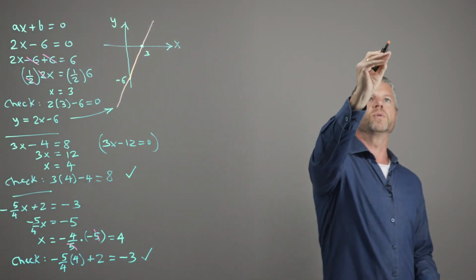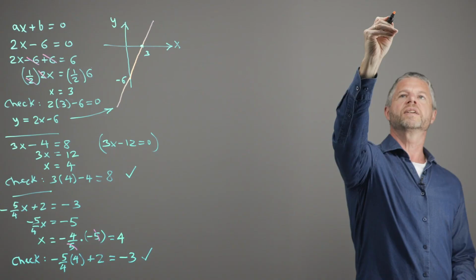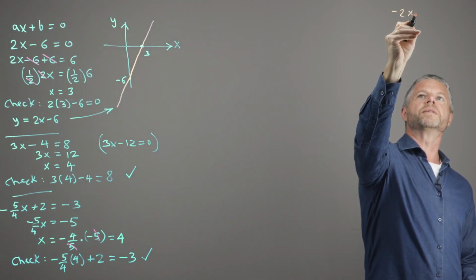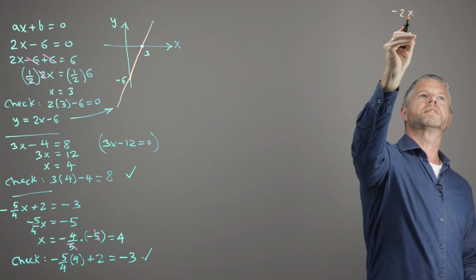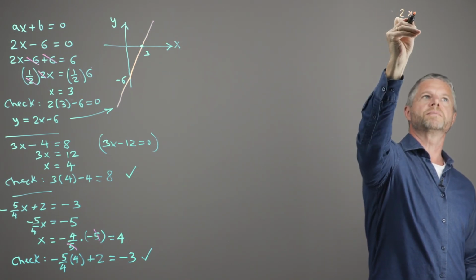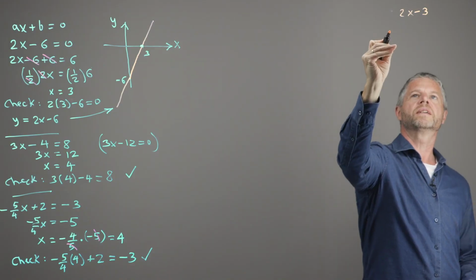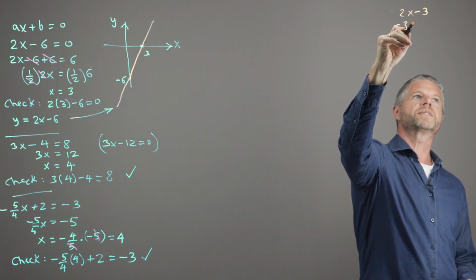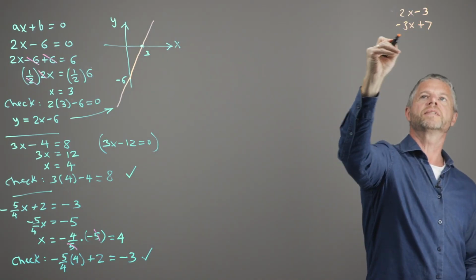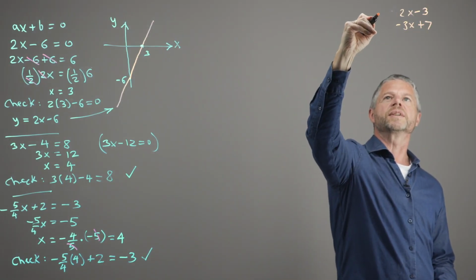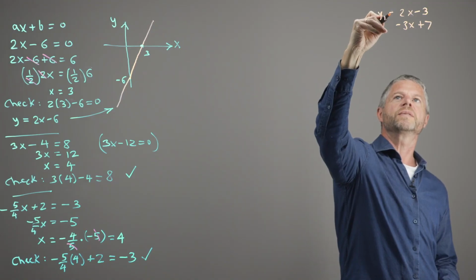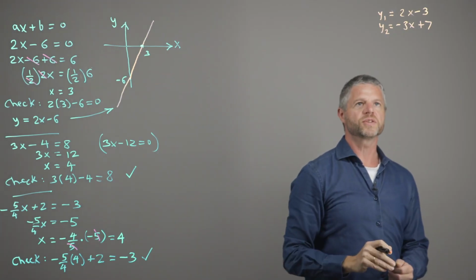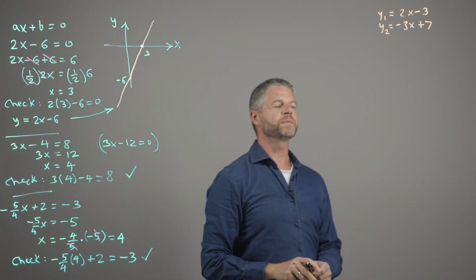So for example, if I have the linear equation plus 2x minus 3 and then minus 3x plus 7. And what I'm going to do is call this one y1 and then this one y2. So I've got two equations here.